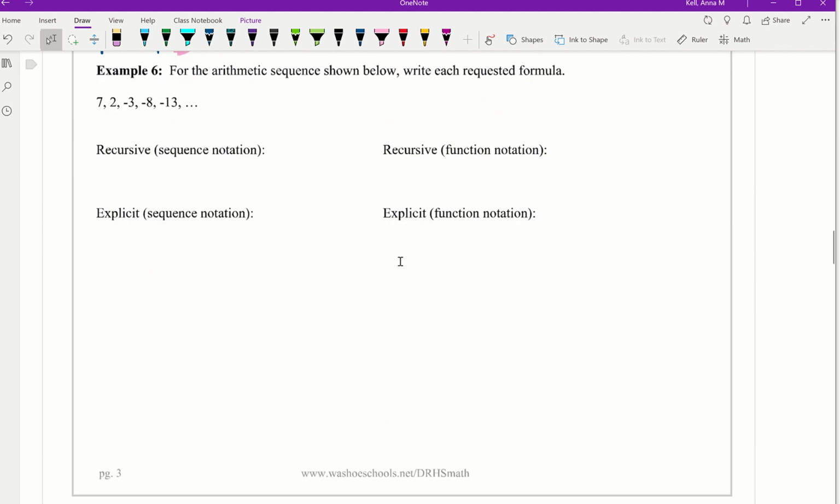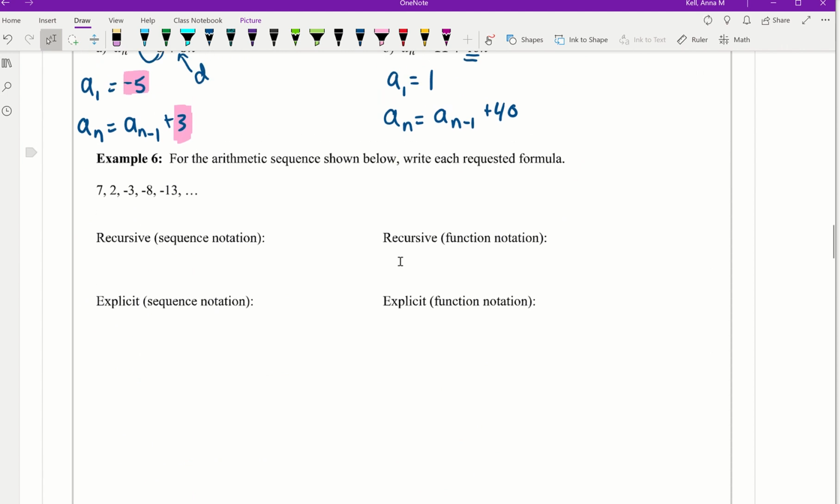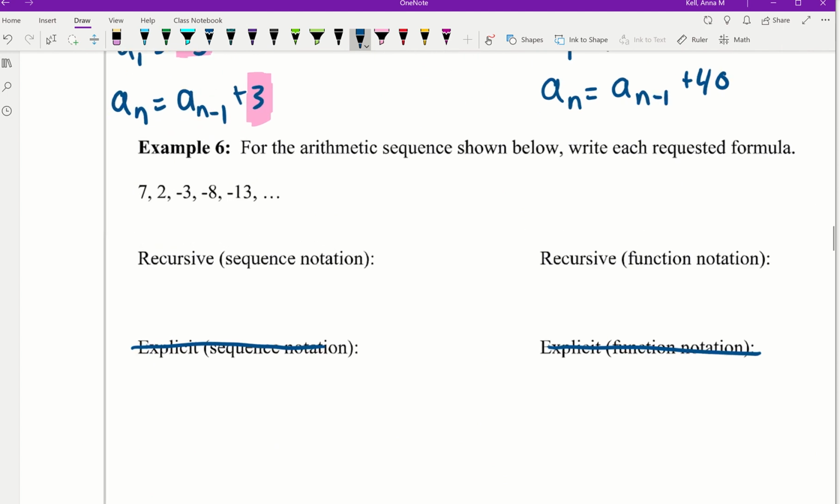Okay, so let's look at if we can write these in sequence and function notation really quick. I think our main goal today is just to look at this recursive notation, but let's go ahead and put it in function notation as well. Okay, so here I'm going to try to figure out what my common difference is. See if you can figure this out on your own, but what I am seeing is that it's -5.